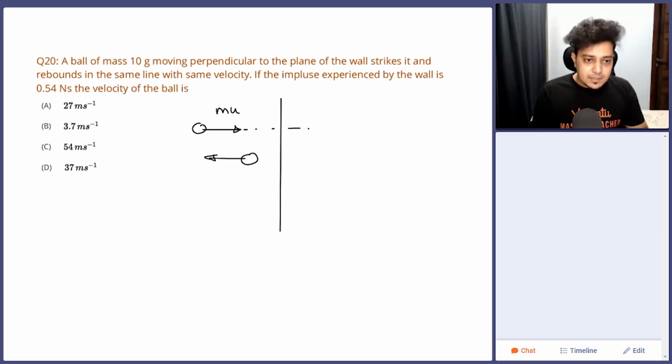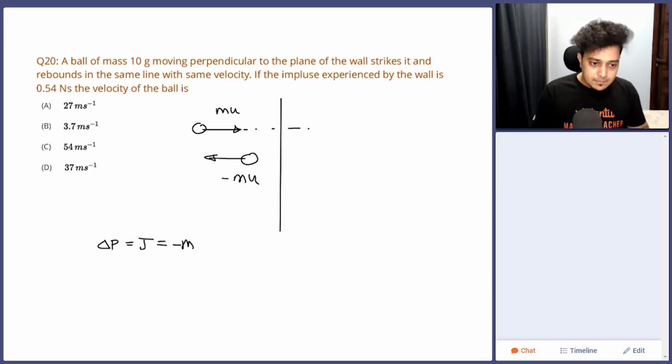So if this is m into u, this is minus m into u because it rebounds with the same speed. Okay, along the same line, but same speed. Here they have vaguely used the word velocity, but velocity is the wrong word to use. It's speed. It should be same. So what we can do, we can calculate change in momentum, and change in momentum is impulse.